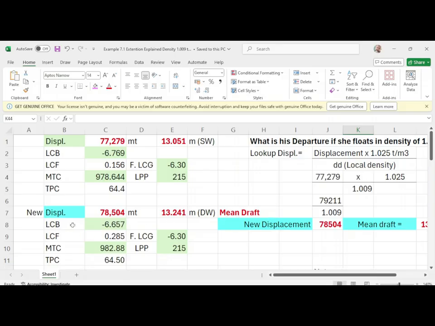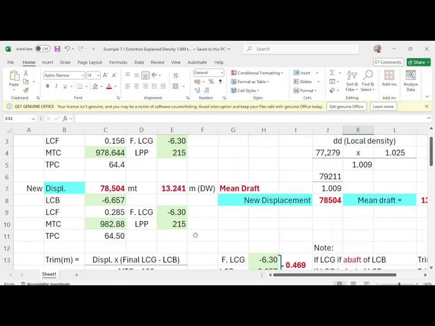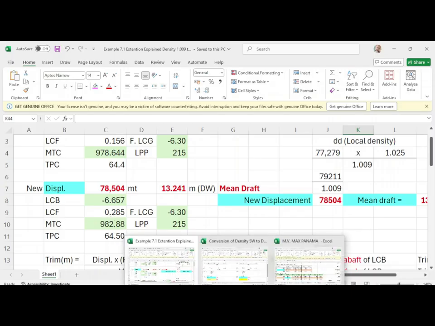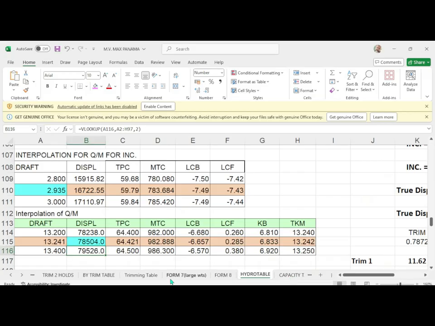From this draft, we will take out the LCB, LCF, MTC, and TPC. So we go to the program. Now change here. This is the displacement, 78,504.